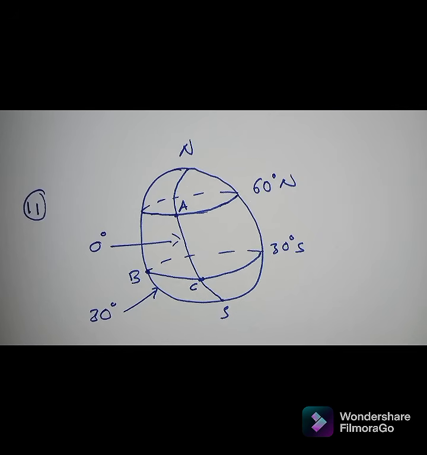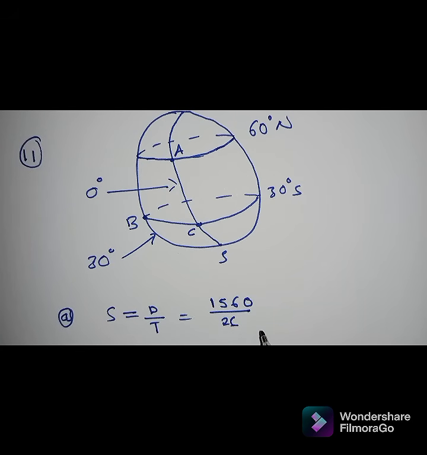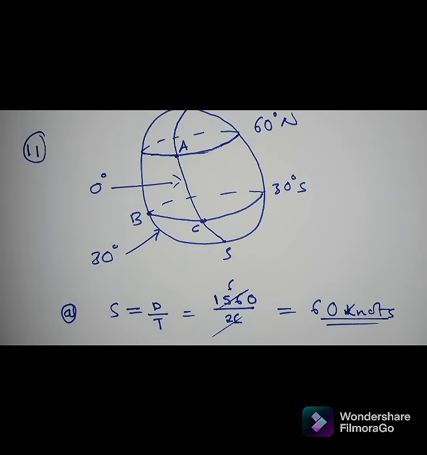We know that speed is equal to distance over time, and they've given us the distance to be 1,560 over 26. When we divide 26 into 156, it will be 6. So our answer will be 60 knots. We go to the next question.